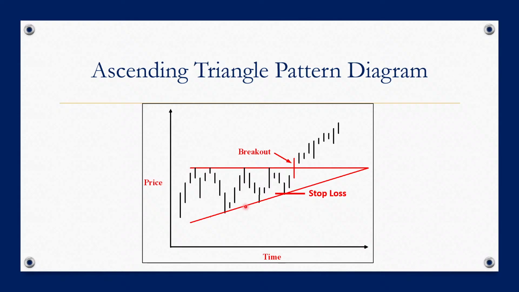So I take this price, I subtract it from this price, I take the difference between the two, and I add that to the closing price of the breakout candle, and that is how I set my profit target. So for example, if this resistance level was 30 bucks, and right here in this area is 20 bucks, that's a $10 difference.